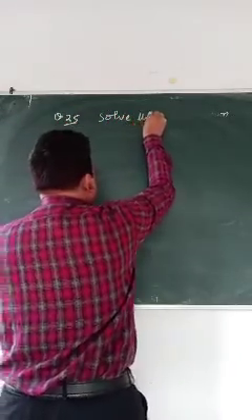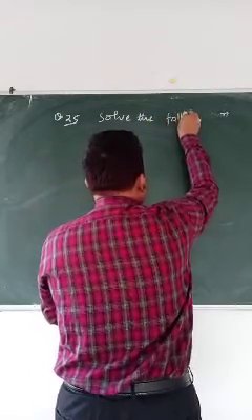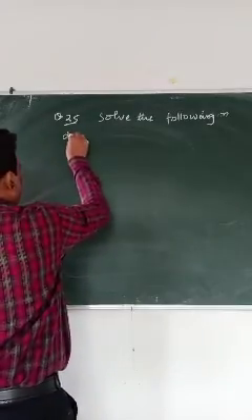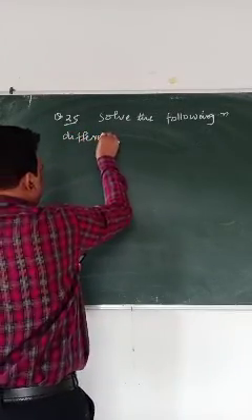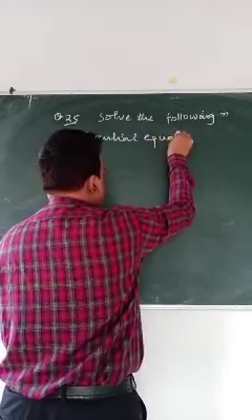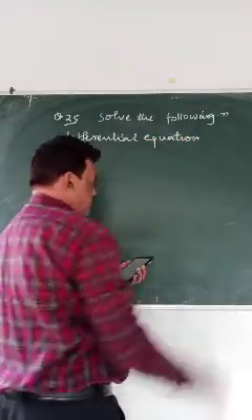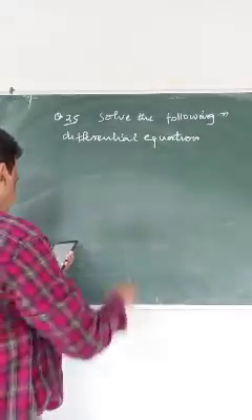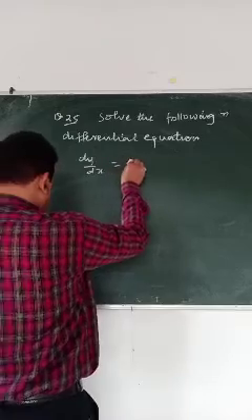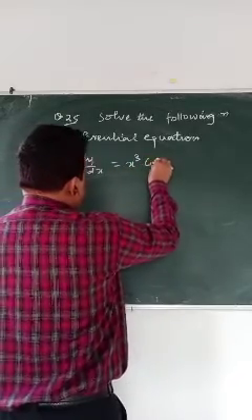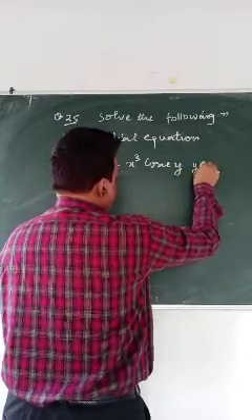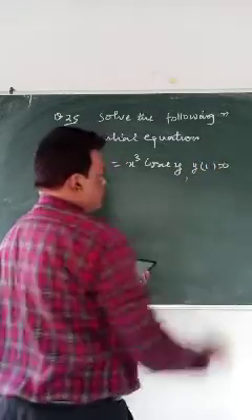Solve the following differential equation. How to solve? What is given in the question? dy by dx equals to x cube cosec y, y(1) equals to 0.